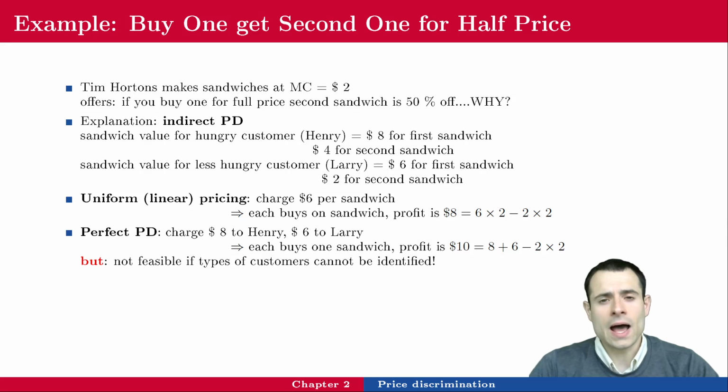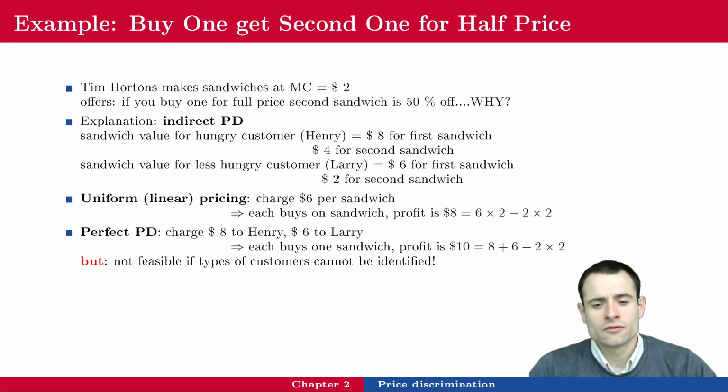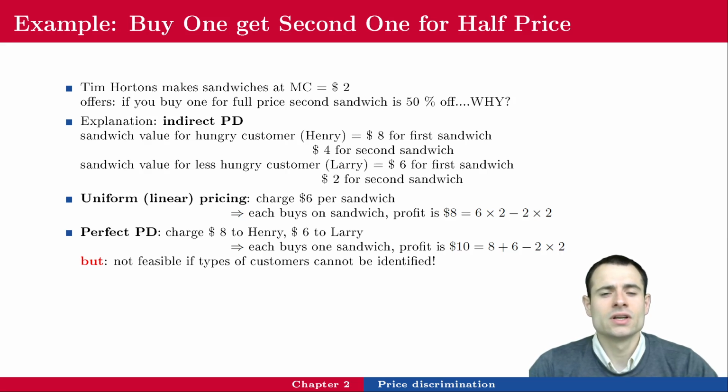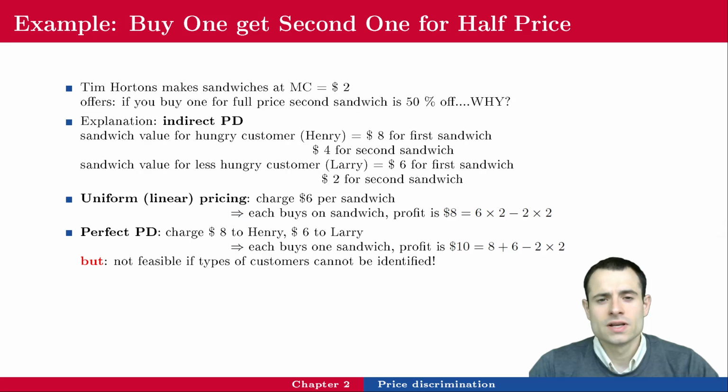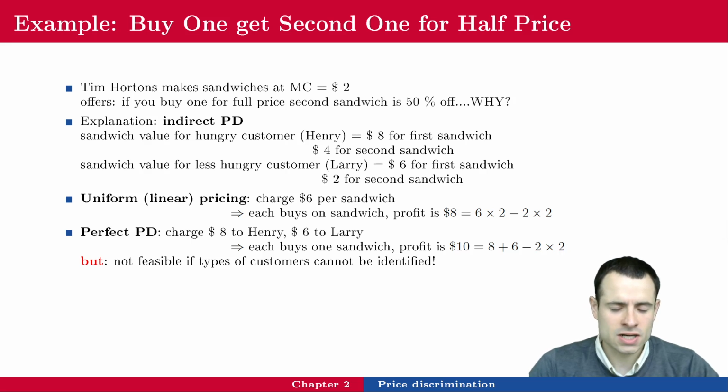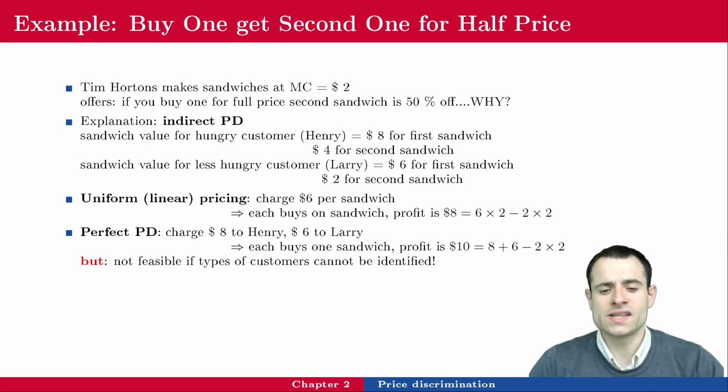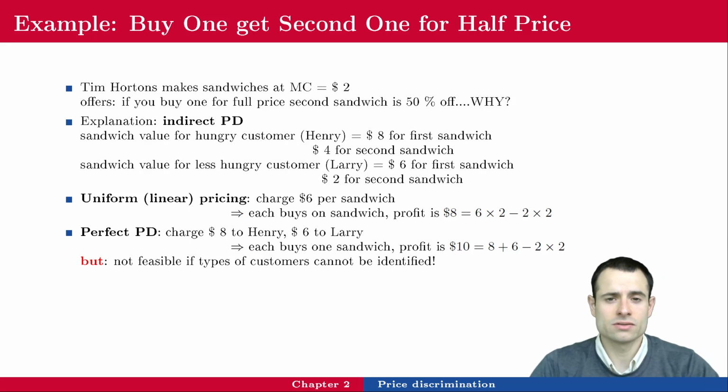Furthermore, if arbitrage is possible, then Henry and Larry could talk to each other, and Henry could ask Larry, can you buy two sandwiches for $6? And then I will buy one from you for $7 instead of buying it from Tim Hortons for $8. If arbitrage is possible, Tim Hortons will only sell to Larry. It will sell two sandwiches. This will lead to lower profits.